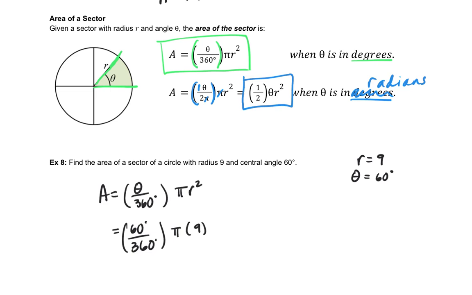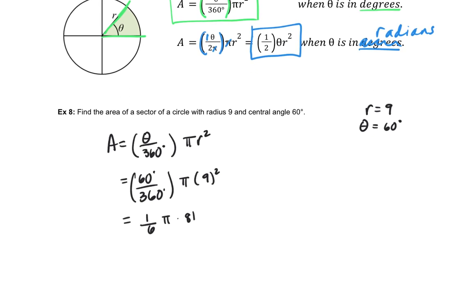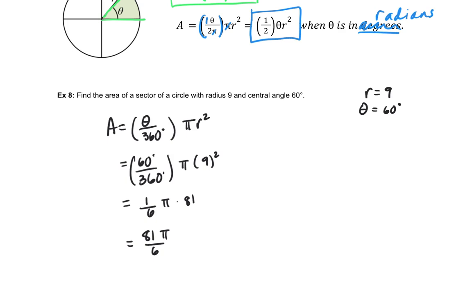R is 9. 60 divided by 360 is 1/6. Pi, and then 9 squared is 81. So this is 81 pi over 6, and both of those can simplify a little bit. We could at least divide by 3.